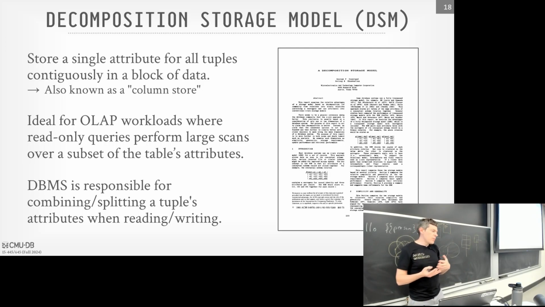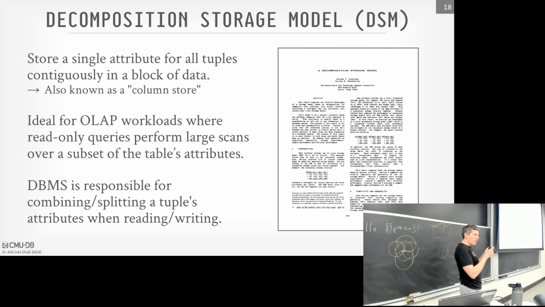So with DSM, instead of storing all the attributes together for a given tuple contiguously in a page, we store all the values for all tuples for one attribute contiguously in a page. Instead of having the host name followed by the last login, I'll store all the host names for all the tuples together, and then have another set of pages that store all the last login attributes for all the tuples together.